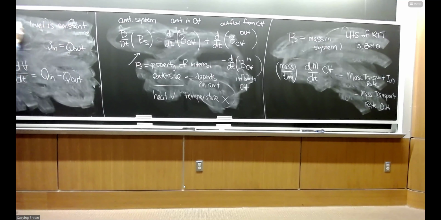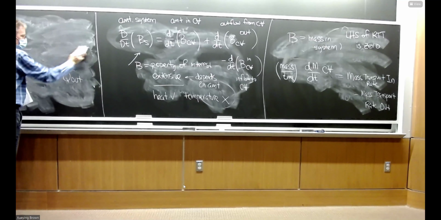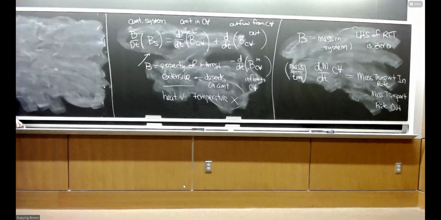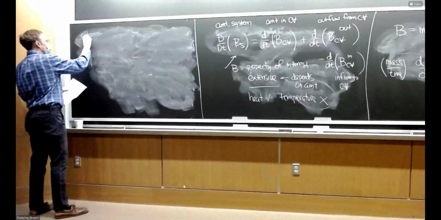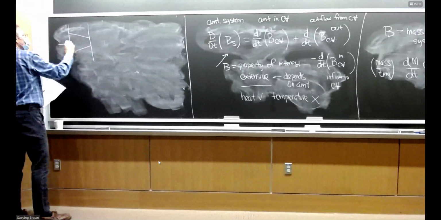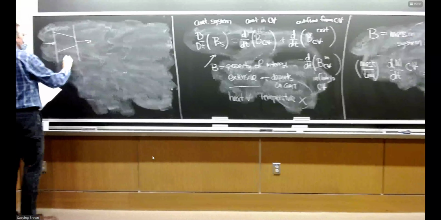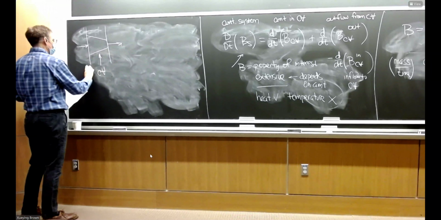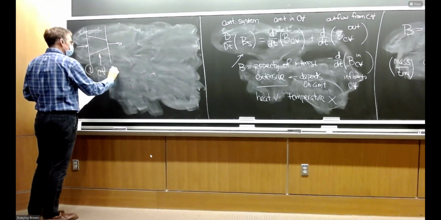So we're going to do an analysis that looks at a control volume. And here I'm just going to make a control volume. Locations 1 and 2.